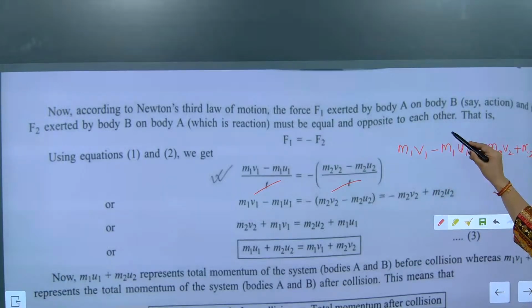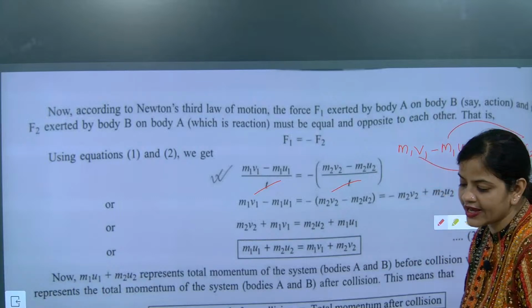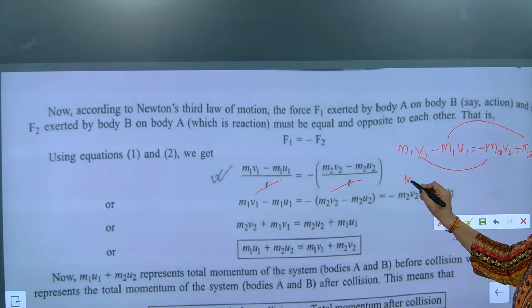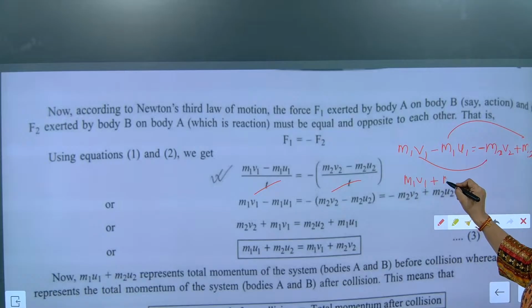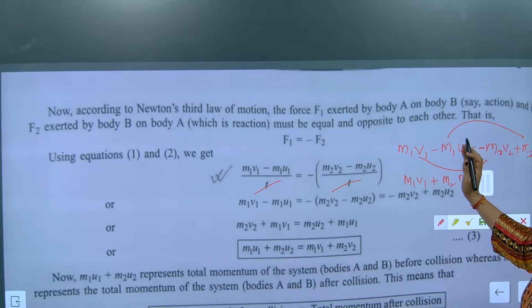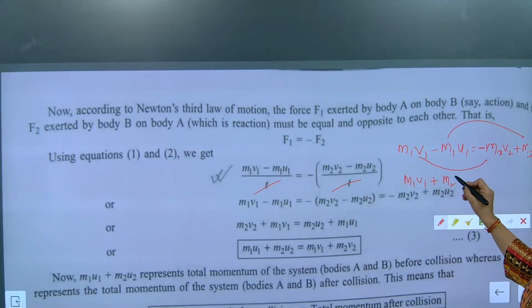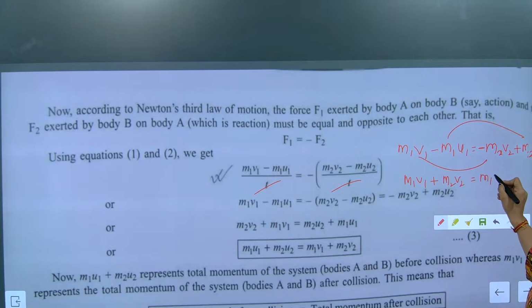Now the U part we will take together, the V part together. So we are getting M1 V1 plus M2 V2 is equal to M1 U1 plus M2 U2.